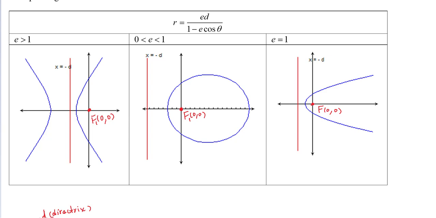I'm going to give you a summary before I go over examples. So r equals de over 1 minus e cosine theta, with the x-axis and y-axis as the black axes, is a conic section, ellipse, hyperbola, or parabola, with one focus at the origin, all with 1 minus e cosine theta in the denominator.